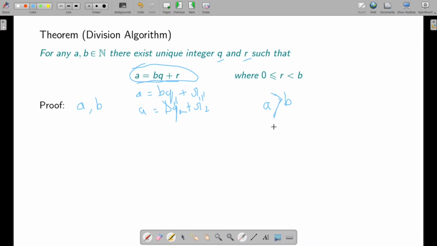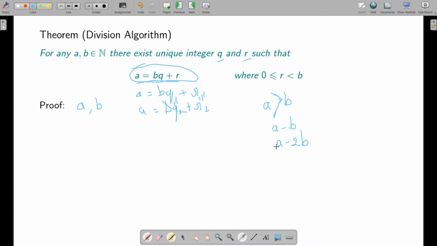If you subtract b from a, you will get a minus b. If you subtract another b from this, you will get a minus 2b. And you keep doing that till your number becomes less than b. Try to imagine what will happen.